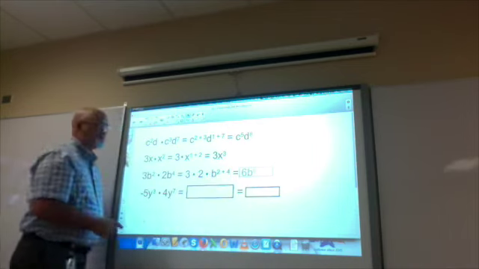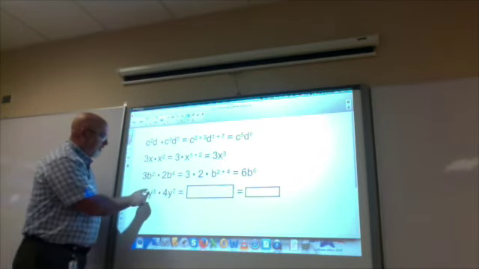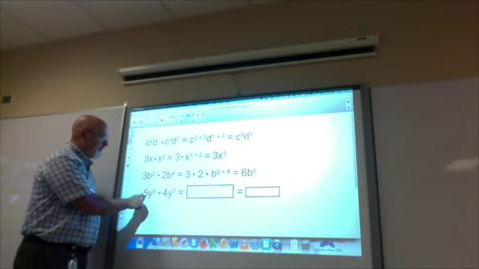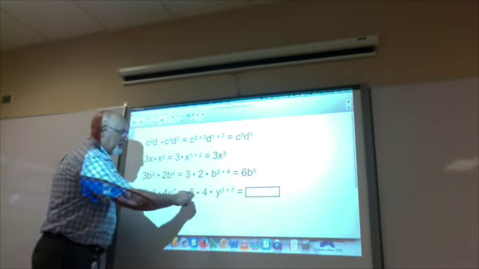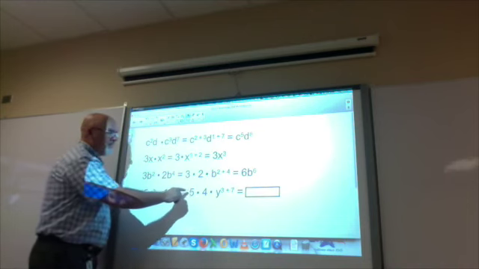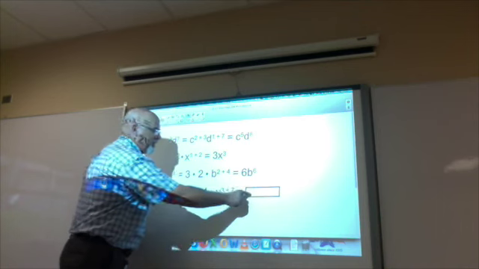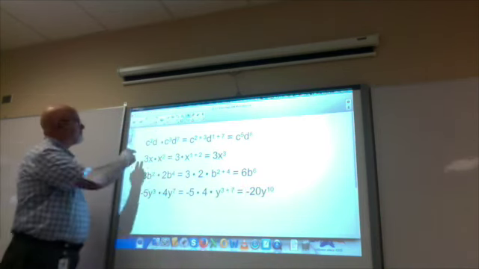So that will be 6b to the 6th. On this one, we've got negative 5 times 4, which gives us negative 20, and y to the 3rd times y to the 7th is y to the 3 plus 7, so negative 20 times y to the 10.